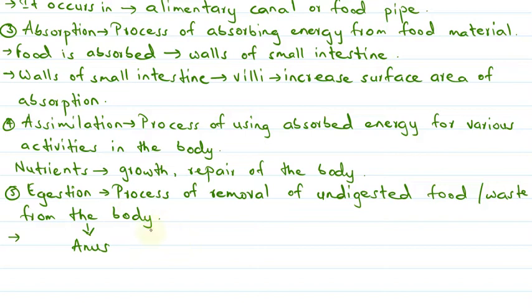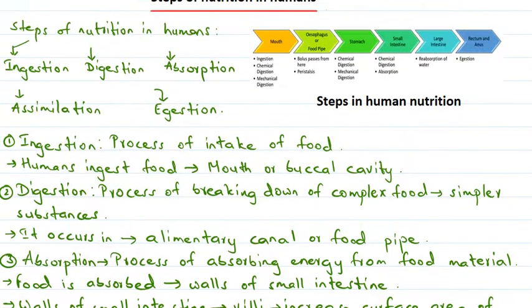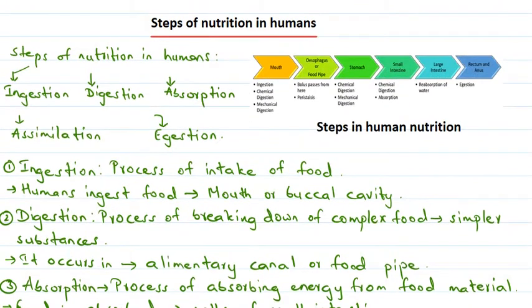Let's now quickly revise the things that we have studied. We saw the different steps of nutrition in humans. We had already studied that humans are heterotrophic. They depend on other organisms for food, and they are specifically omnivorous, that is, they depend on both plants as well as animals for their food.